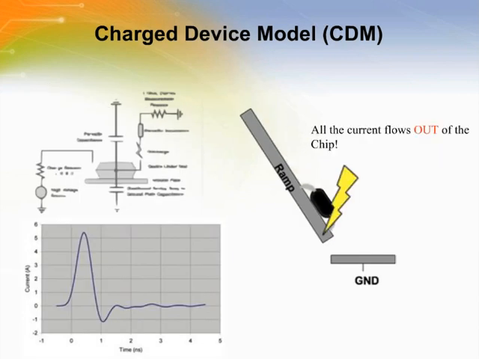Charged device model test is not so commonly used anymore. This method simulates what happens in an automated manufacturing environment when an IC becomes electrically charged and the part discharges when it comes in contact with a grounded conductor. The CDM discharge is a very fast transient, which takes place over a couple of nanoseconds.